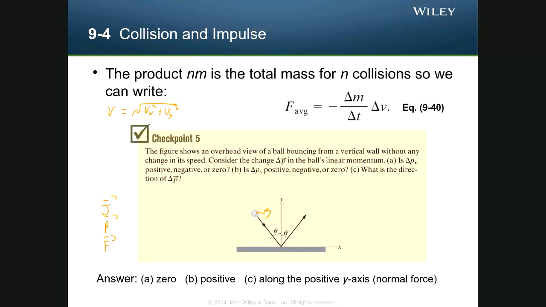So we want to consider our change in momentum. If we look here, the figure shows this ball bouncing like so, right? Now, is the x direction going to change? Well, you'll notice that the x direction is still to the right, both before the collision and after the collision. In fact, the collision seems to only change direction in the x and y.